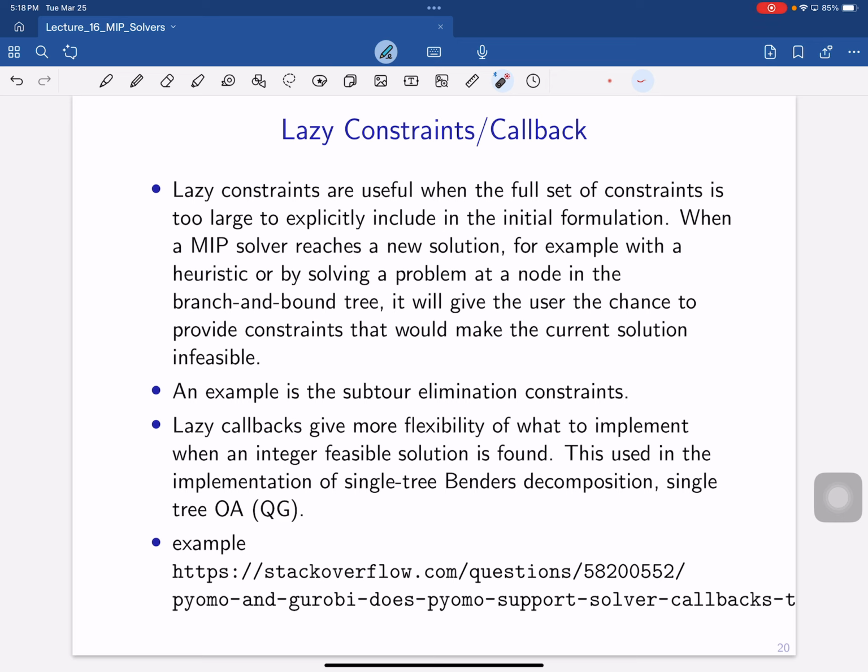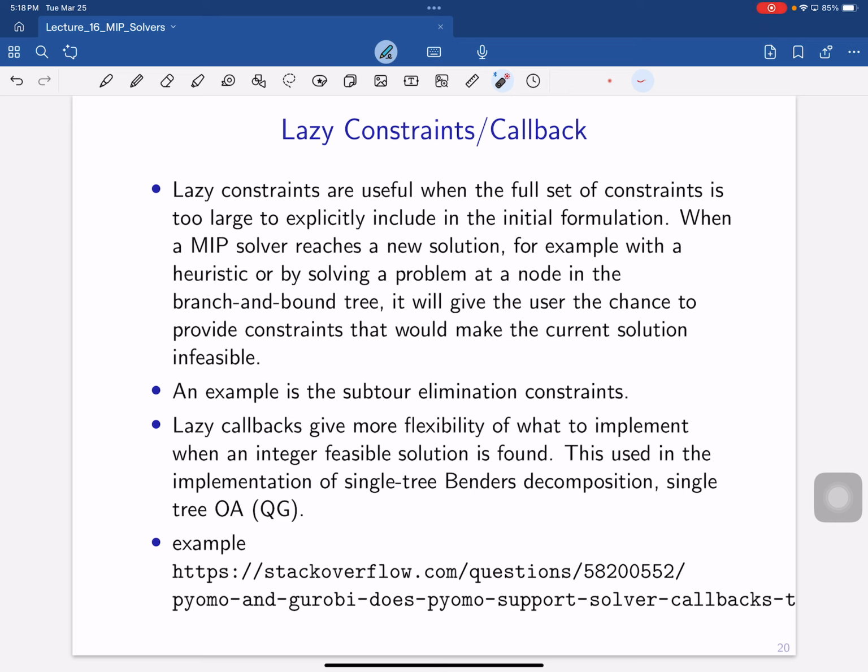Even though there are exponentially many, we know that only a very small subset of them are active at the optimal solution. So you do not want to throw all these exponentially many constraints at the beginning. It will slow down solving even the LP relaxation.